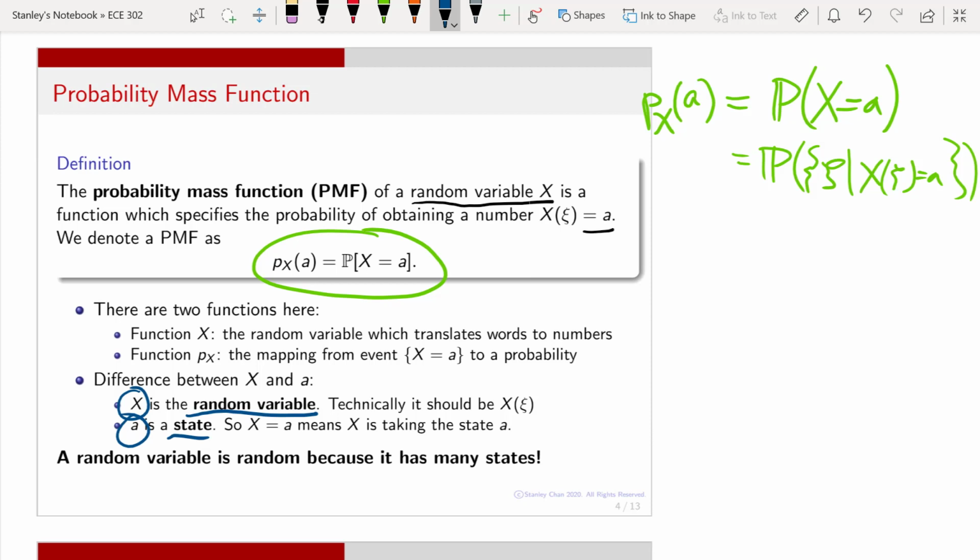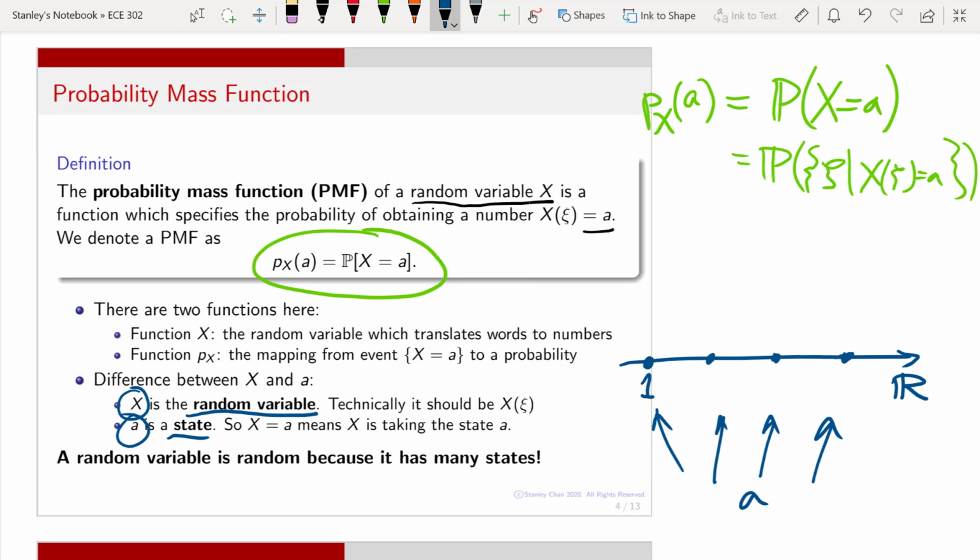So what do we get out from this probability mass function? Here is the real line where your X lives. So you can have multiple states. These states are the a's. For example, they can take the value 0, 1, 2, 3, and 4, and so on. These are all the possible states.